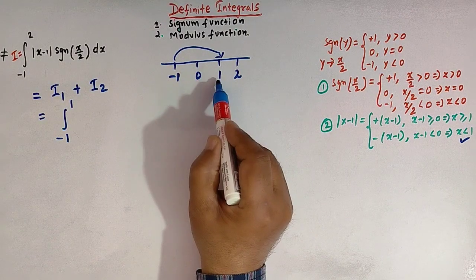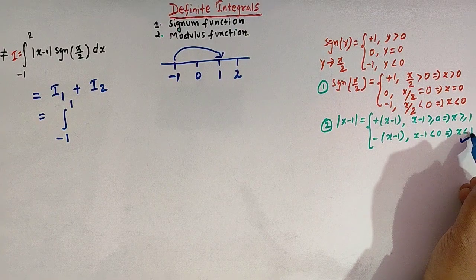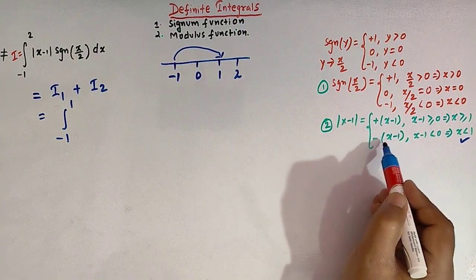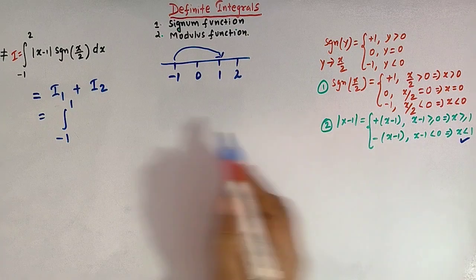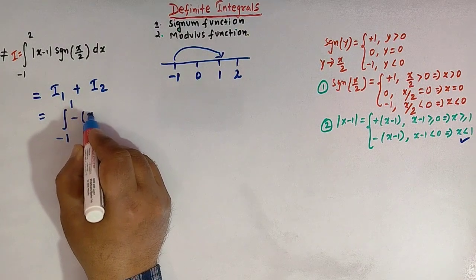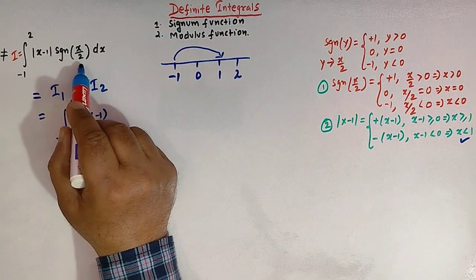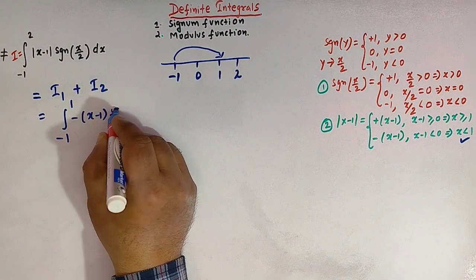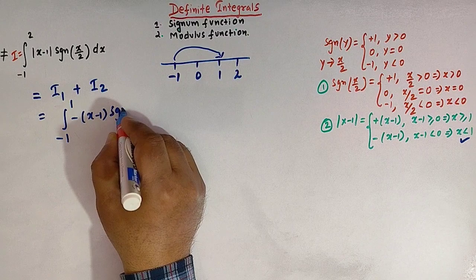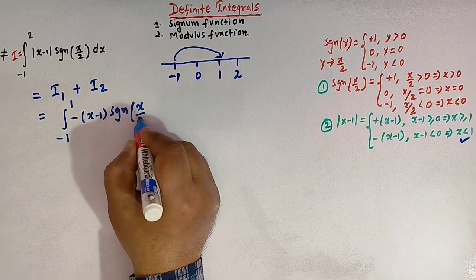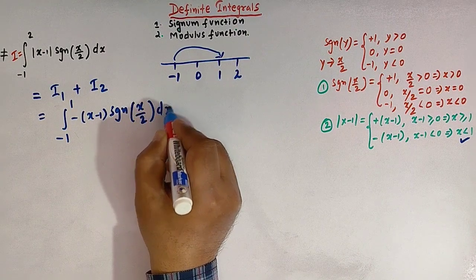When we go from minus 1 to 1, x is less than 1, so mod of x minus 1 is negative of x minus 1. We'll write negative of x minus 1 and keep signum of x over 2 as such, with dx.